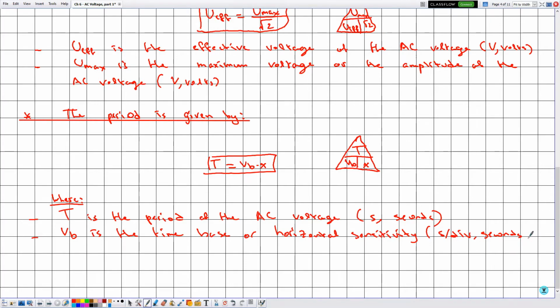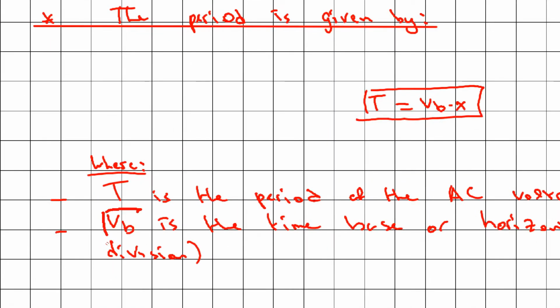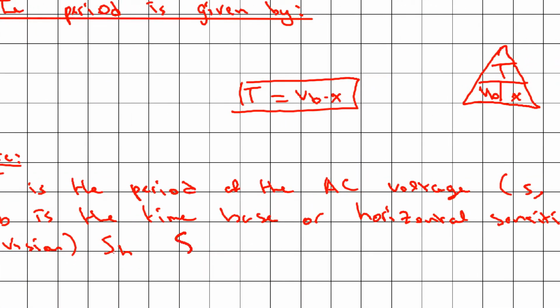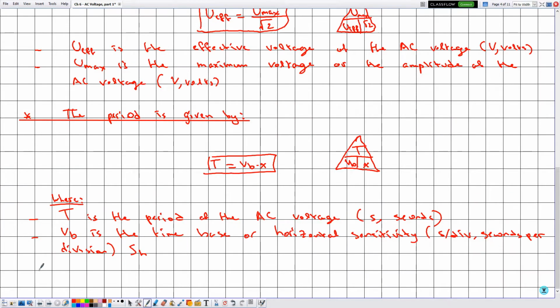Also, sometimes this VB is denoted by SH, similar to SV, because this is the horizontal sensitivity, it's denoted by SH.